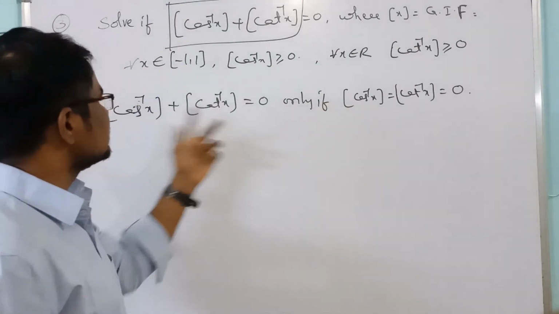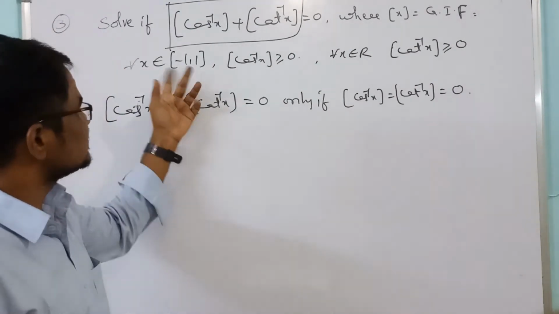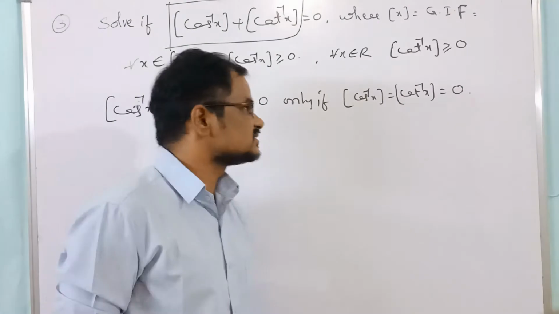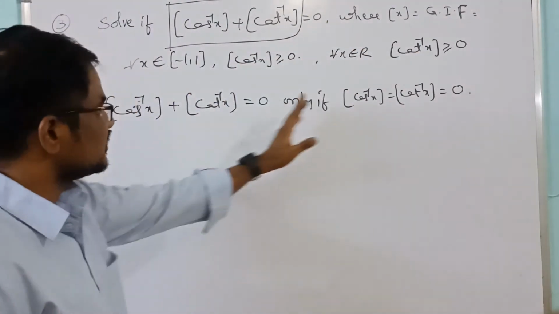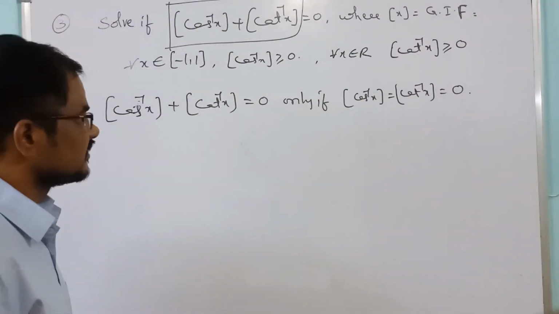Then only it is possible, because by these two conditions, this is greater than or equal to 0 and this is also greater than or equal to 0. When these two are zero, then it satisfies this equation.